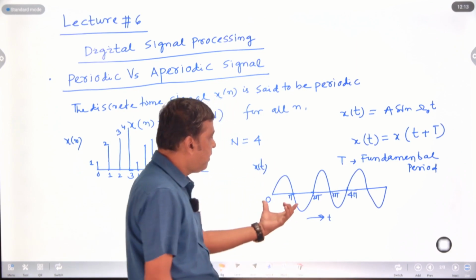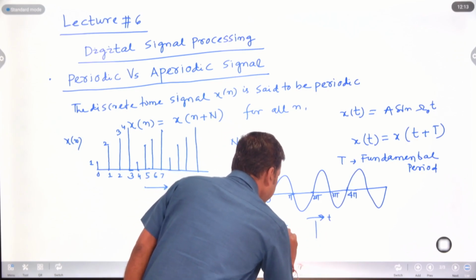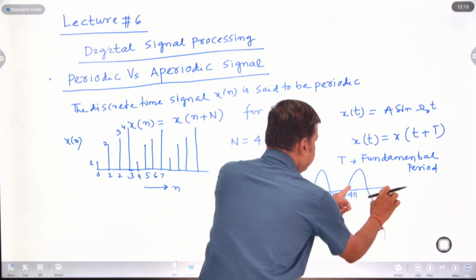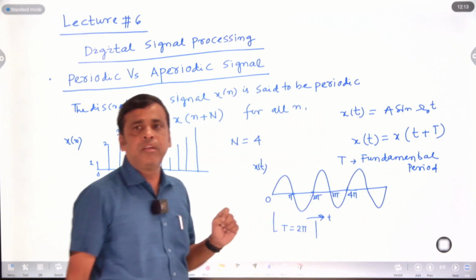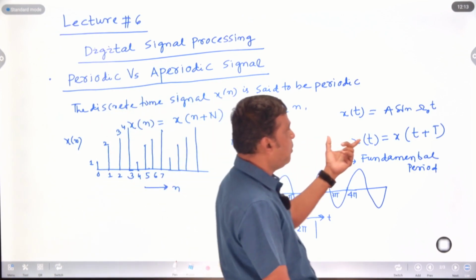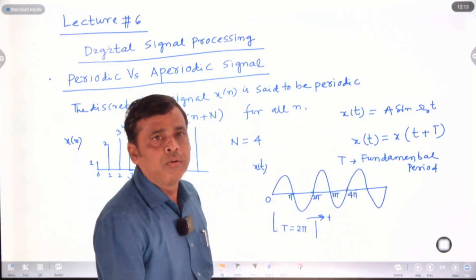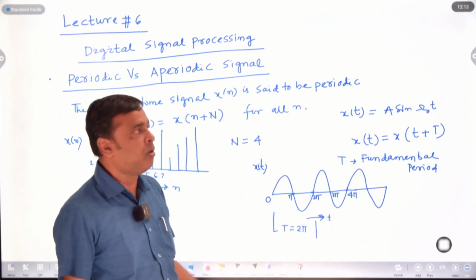We can say that the period T equal to 2 pi, so the signal is repeated like this. So a sinusoidal signal is said to be periodic with the period 2 pi, and T is the fundamental period, here T equal to 2 pi.